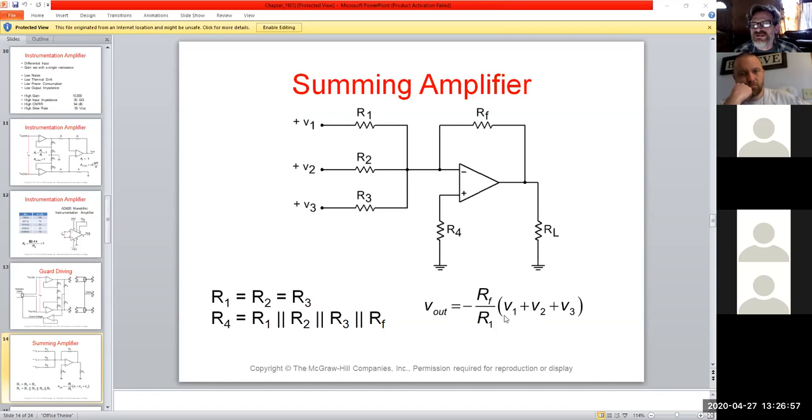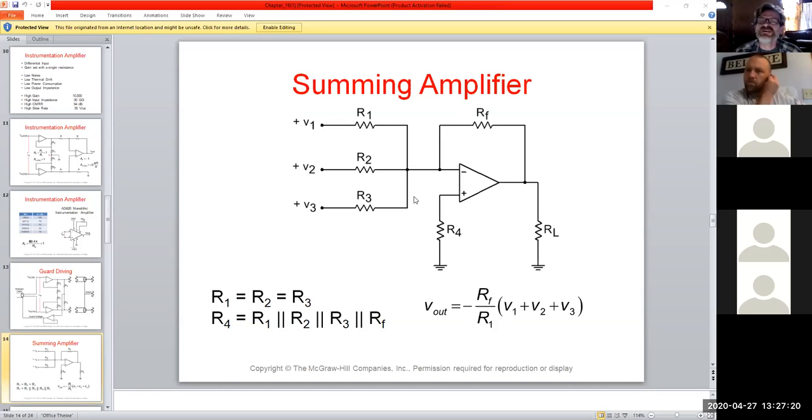And our output, as you can see, hence the name summing, would be an additive of all of the voltage inputs that you would have, with your overall feedback formula, right? The minus RF over RI. So in this case, we used R1 for all of them, and they should all be equal value.